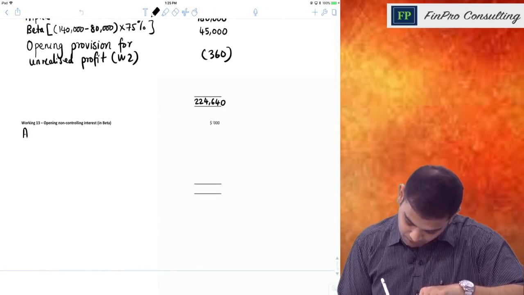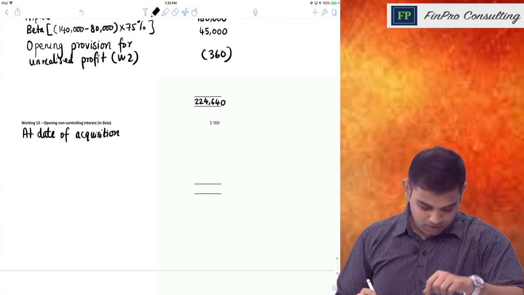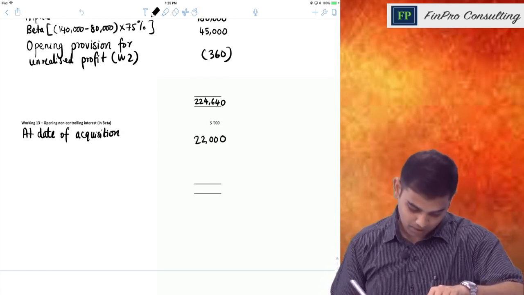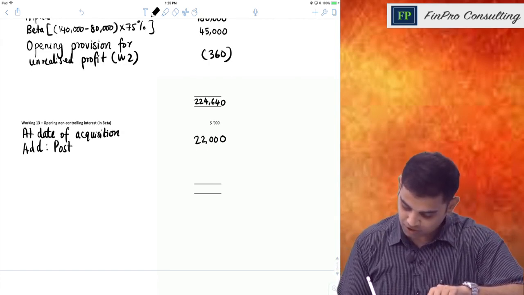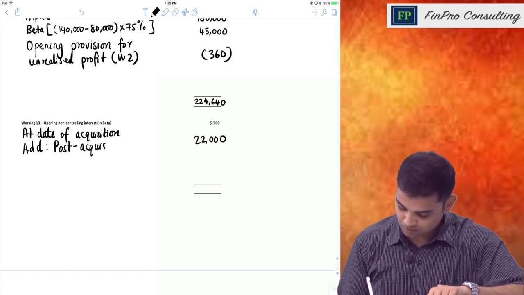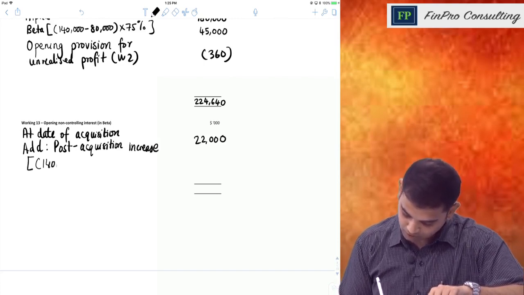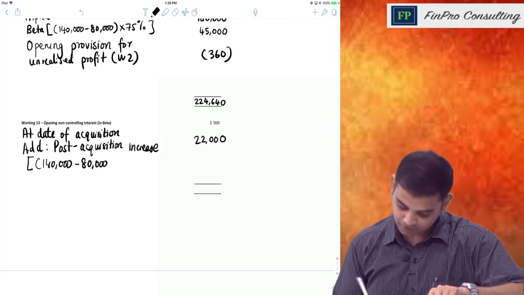At the date of acquisition, it was 22,000. And post-acquisition increase: again, 140,000 was opening minus 80,000 as on the date of acquisition.